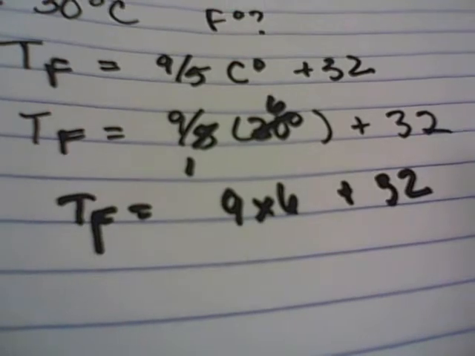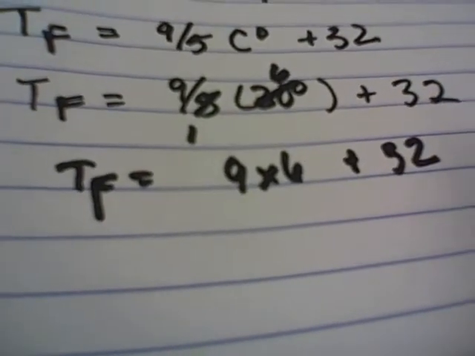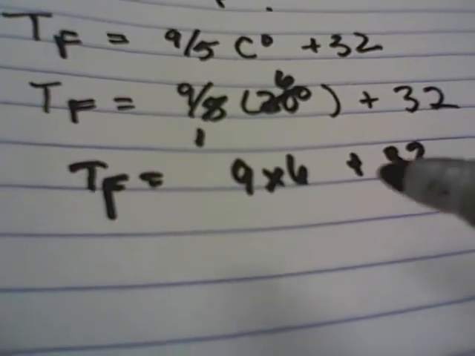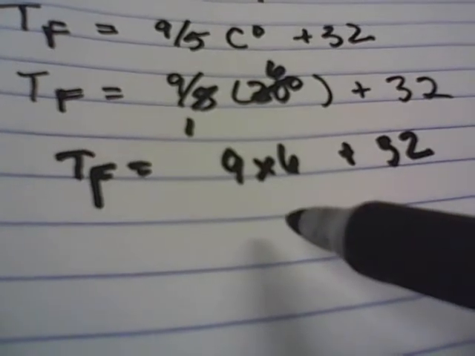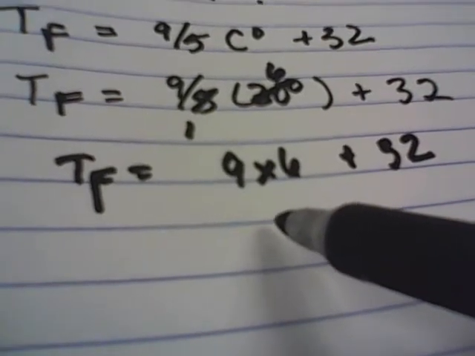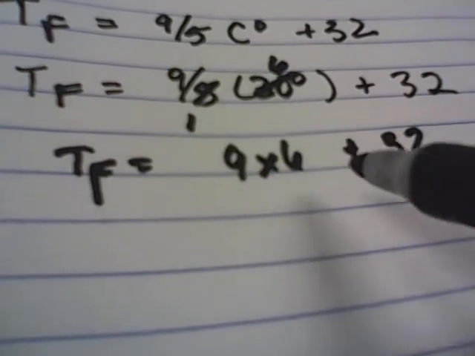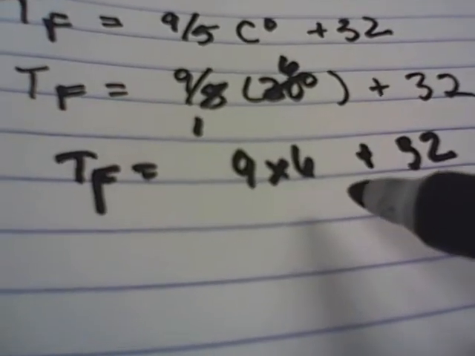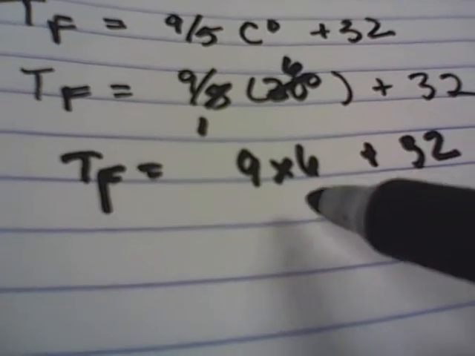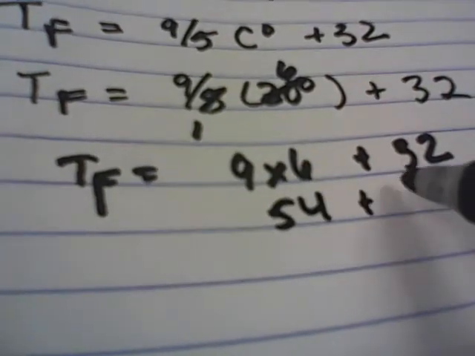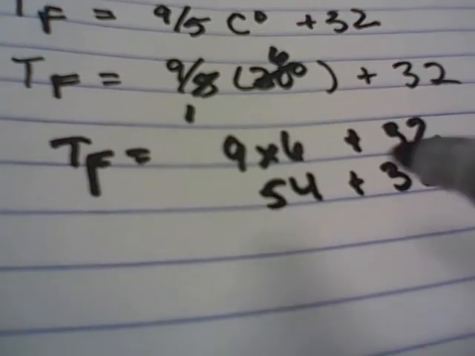All right, and 9 times 6, what is that? Off the top of my head, 36, 45, 54. I know, right? That took me absolutely too long.